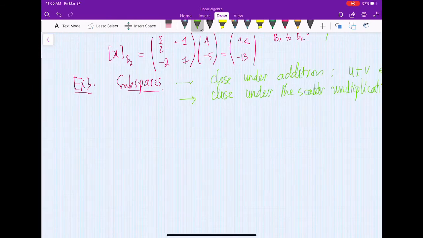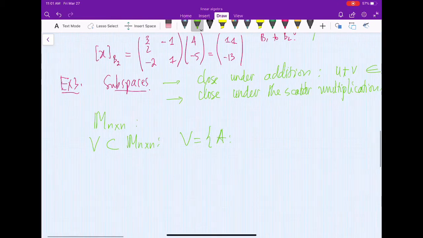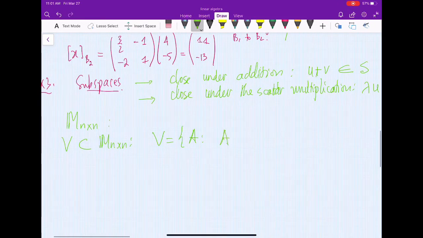So we consider the vector space of n by n matrices and some set V in this, such that V is all matrices A where A is commuting with a given matrix B. So I will write AB0 equal to B0A.